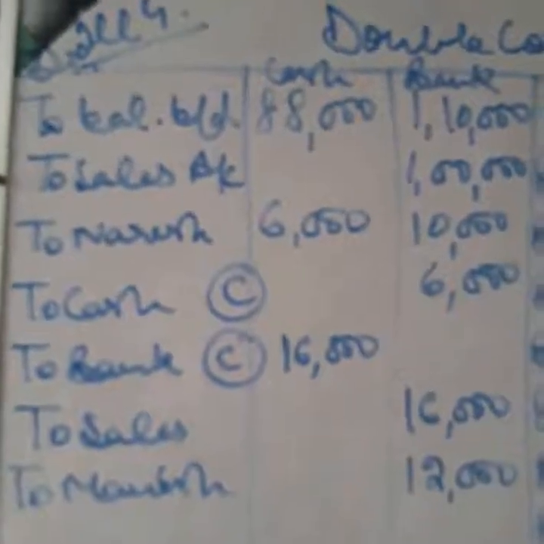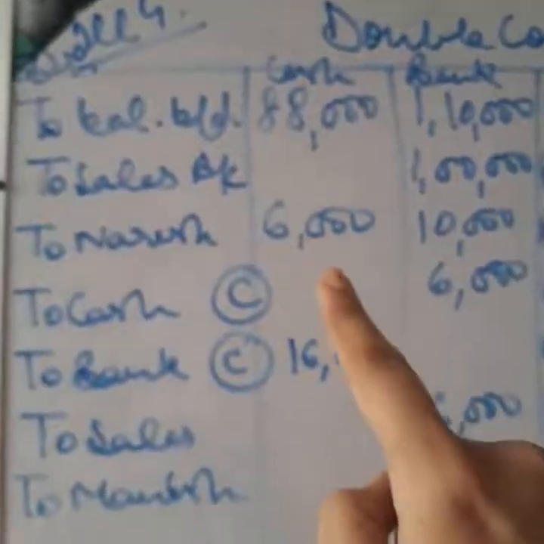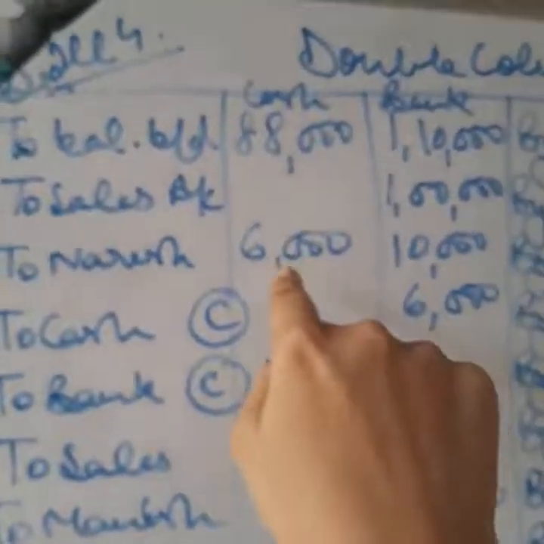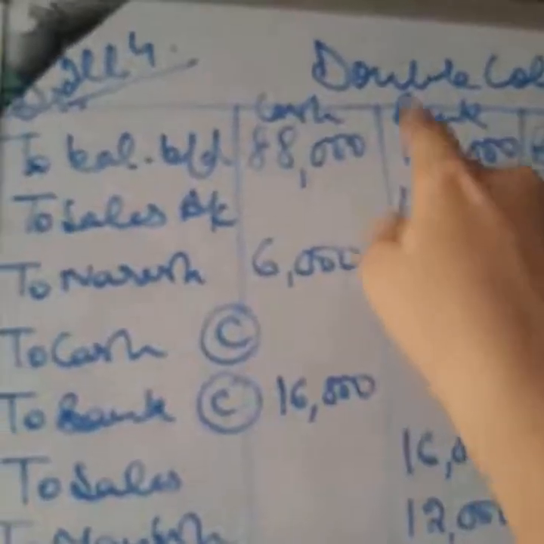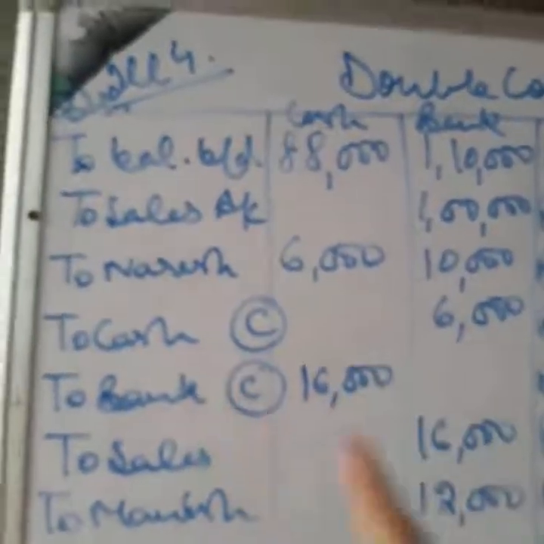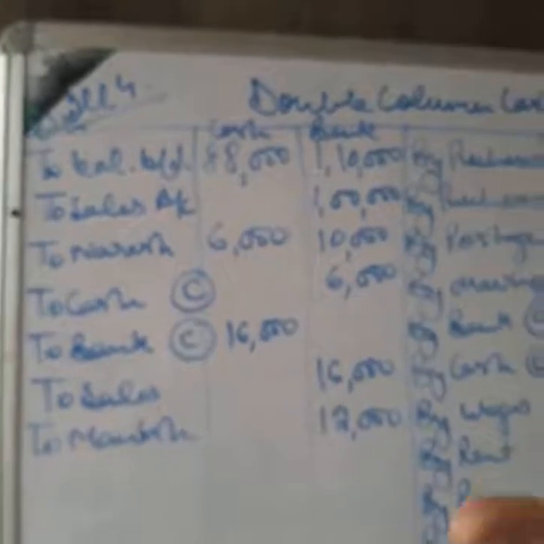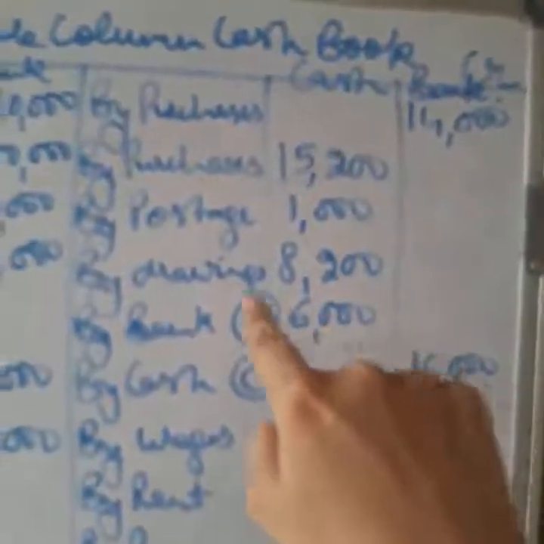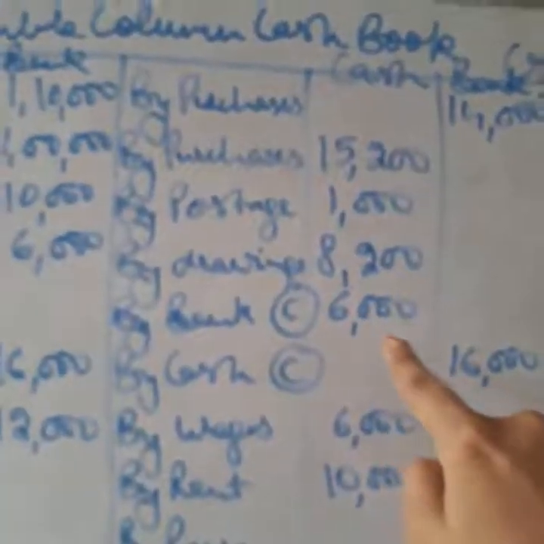So we'll write bank debited to cash for 6,000. So both bank and cash are in the same book, so it becomes a contra entry. So we'll pass this entry on the other side as well, that is the credit side of cash. We'll write there "By bank 6,000."